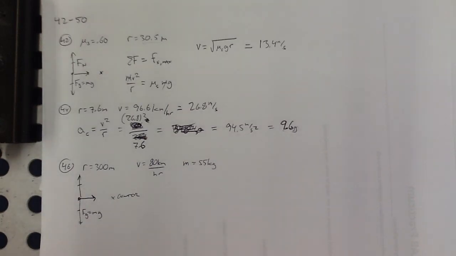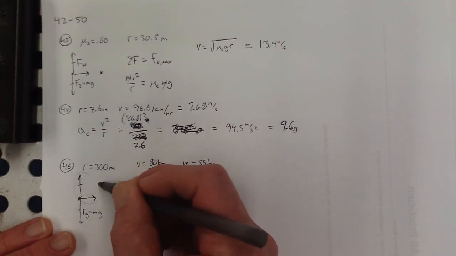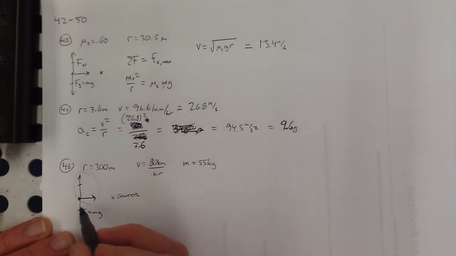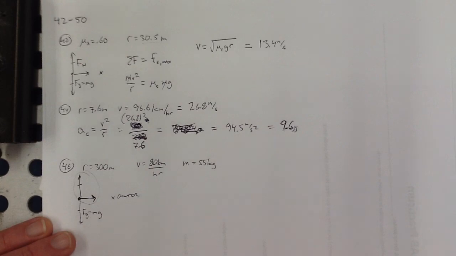So what they're asking is the total amount of force, magnitude and angle, of the net force from the seat. Those are the forces that are coming from the seat. This all has to come from the seat. This support has to come from the seat.